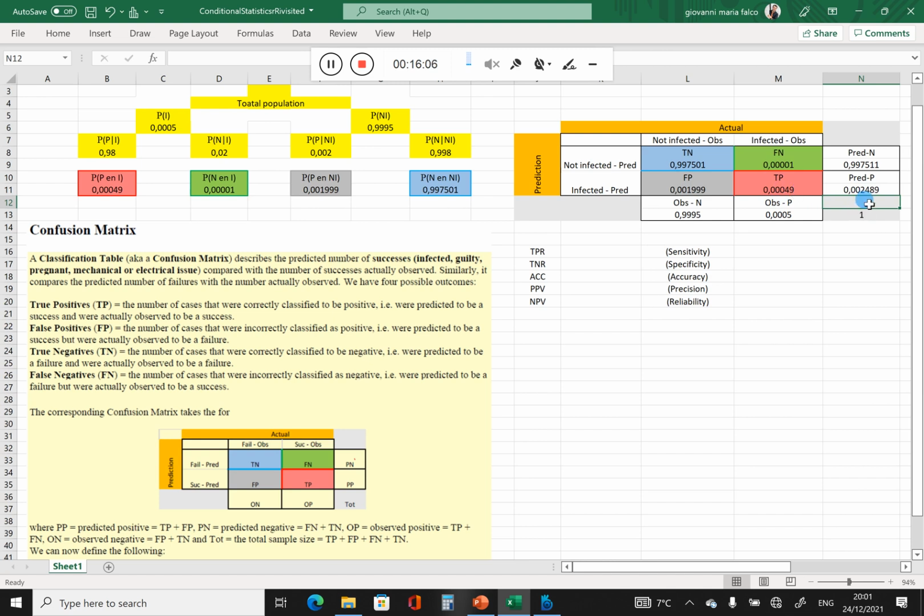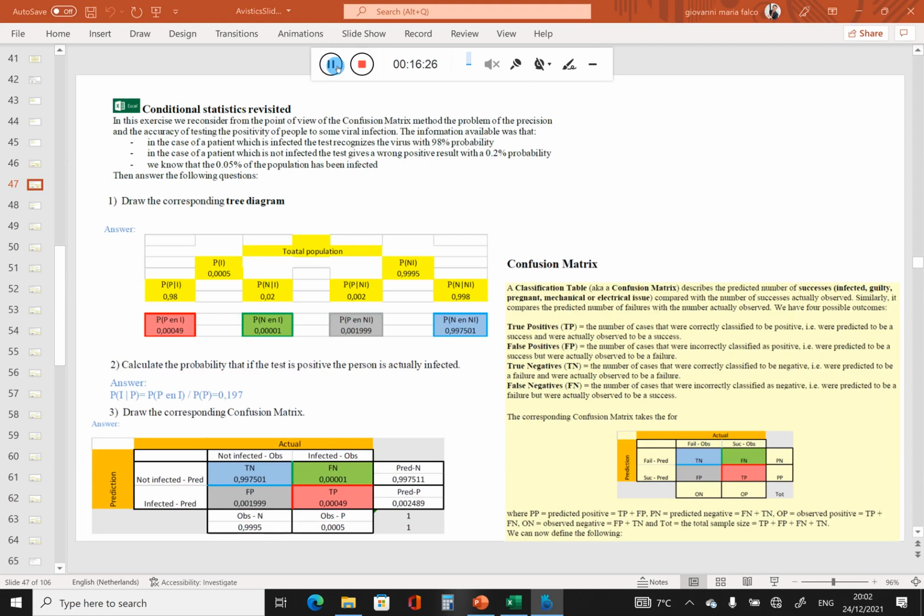Okay, and we have to check also that these two together must be equal to 1, and actually it is. Okay, so in this way we have drawn the confusion matrix for this diagnostic test example. Then I take the result over here in my slides, and I go to the next question.